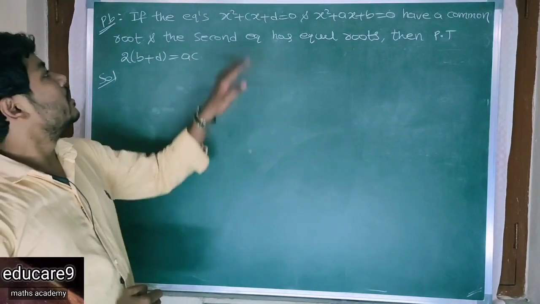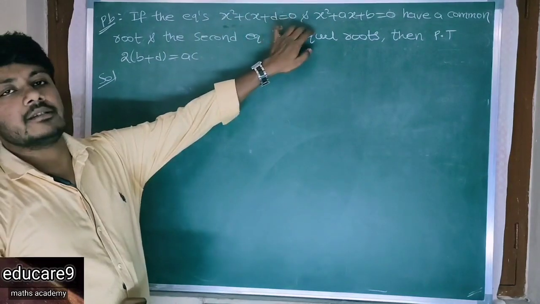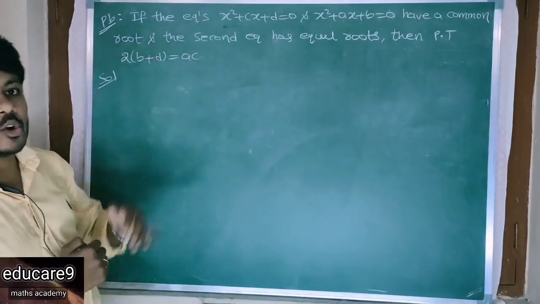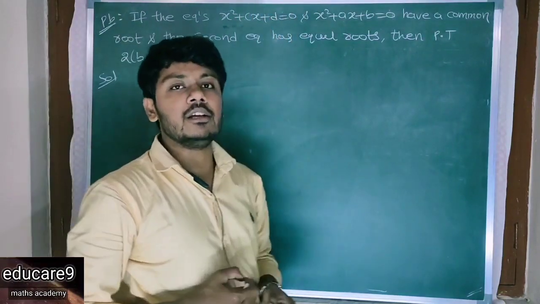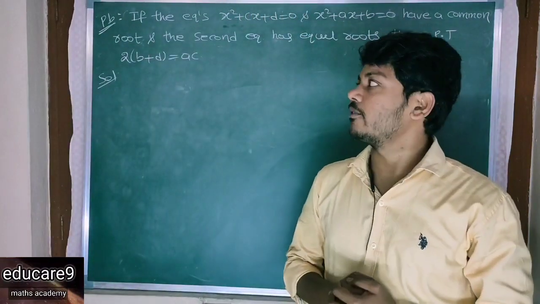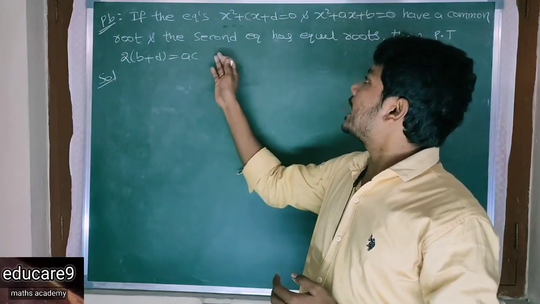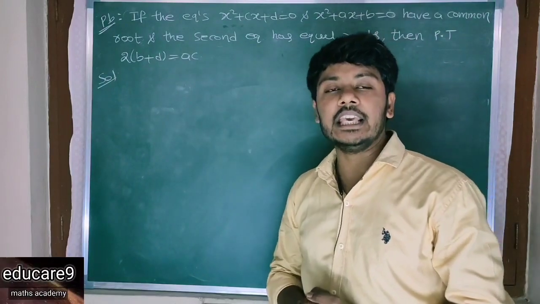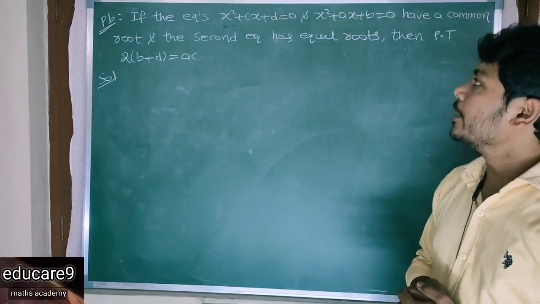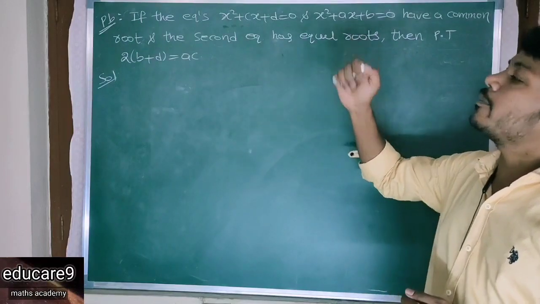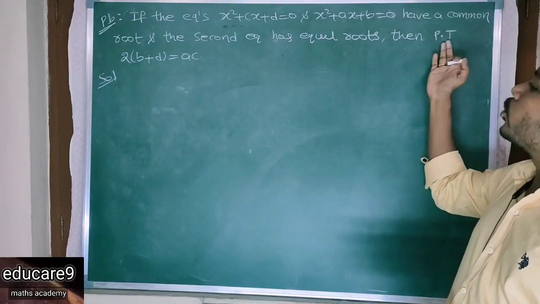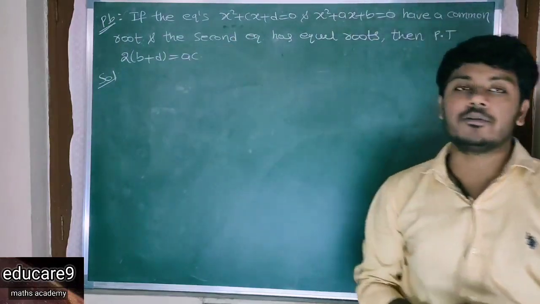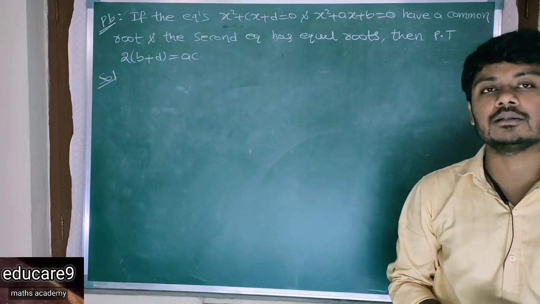See here, if the equations have a common root, meaning both equations have one common root, that is alpha, and the second equation has equal roots, meaning b square minus 4ac is 0, then prove that 2 times of b plus d is equal to ac.